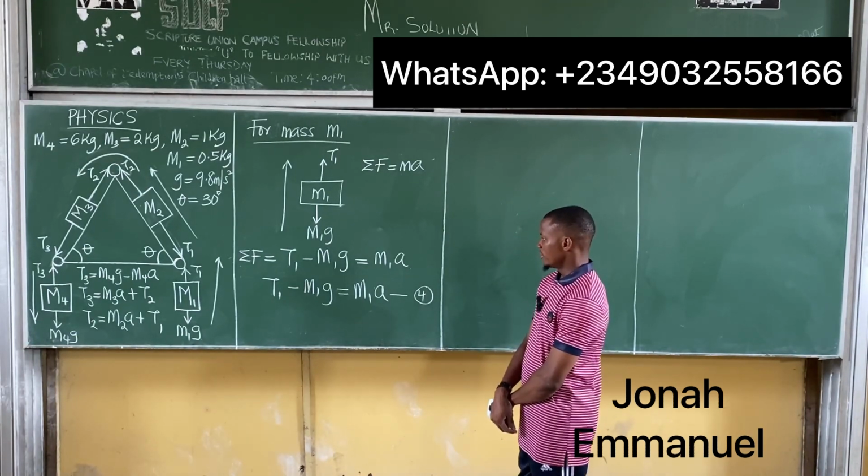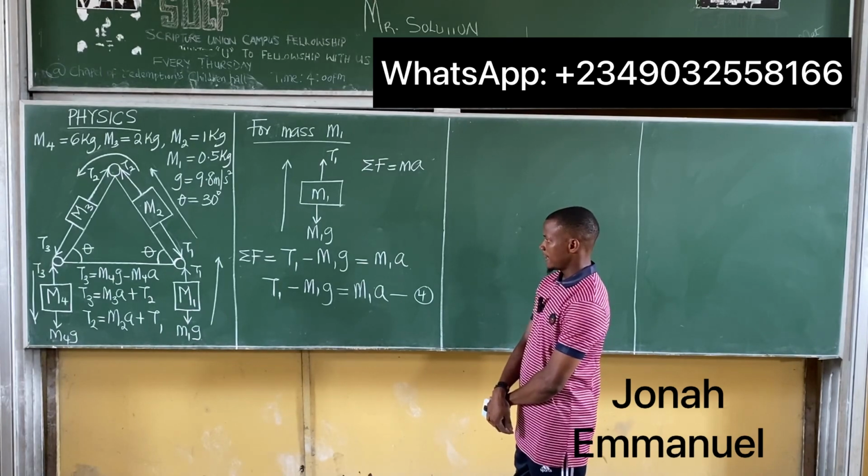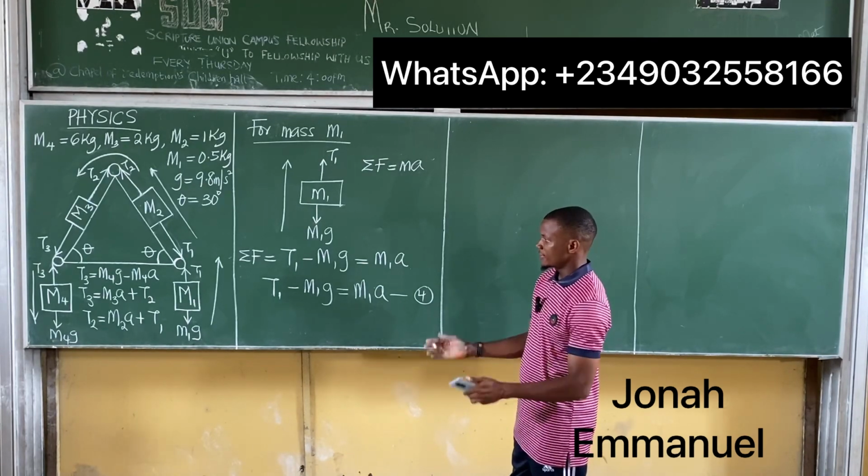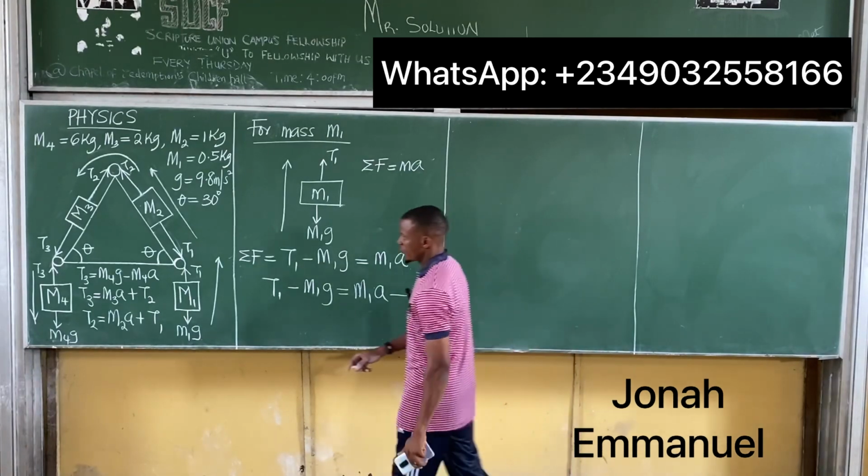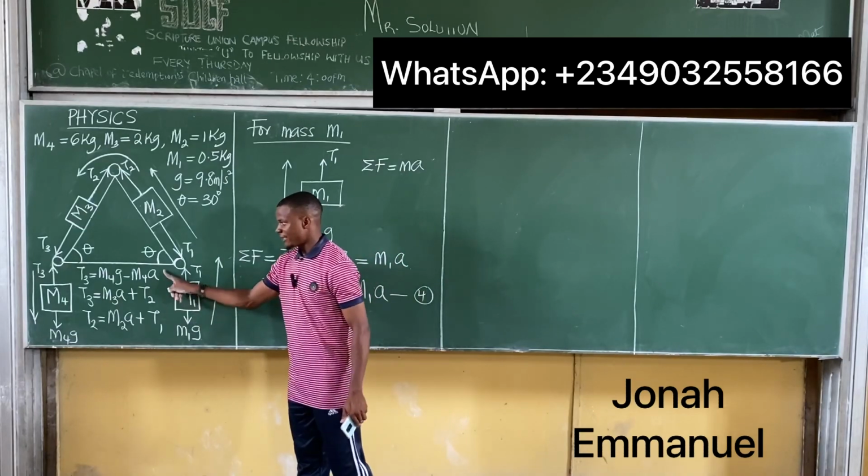The idea is very simple. Simply try to equate each of the equations and see how they can cancel out. For instance, from equations 1 and 2, I have a value for T3.